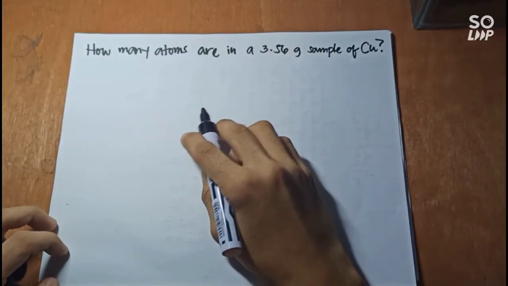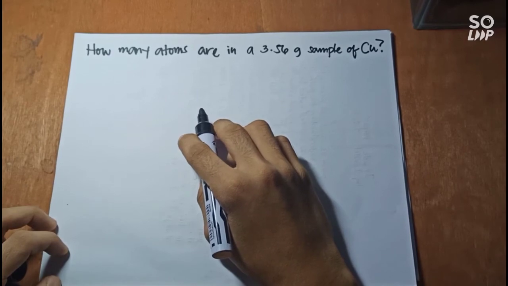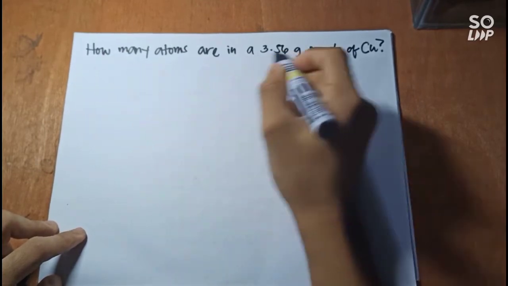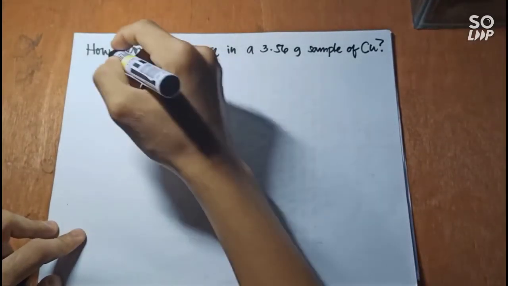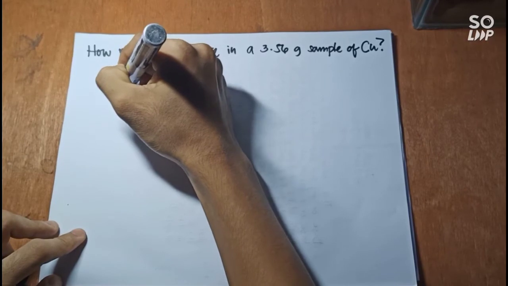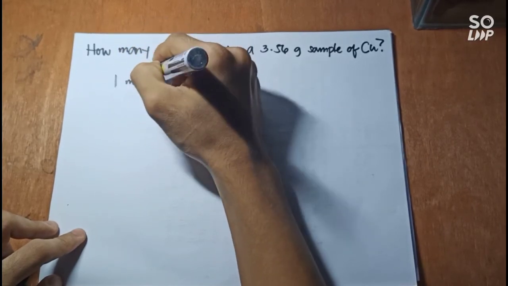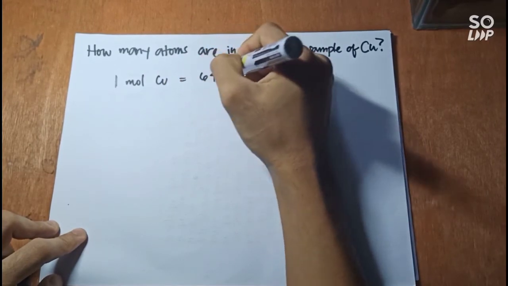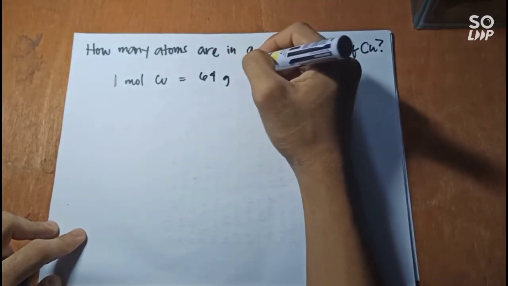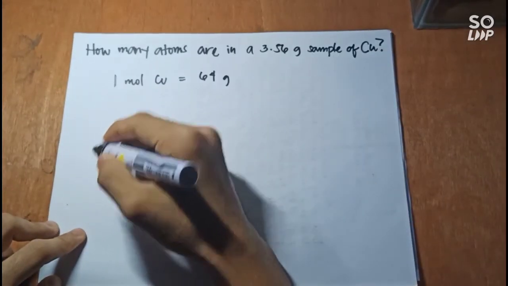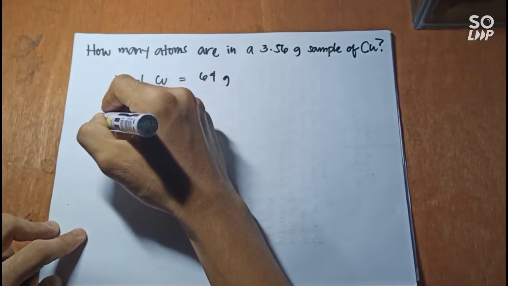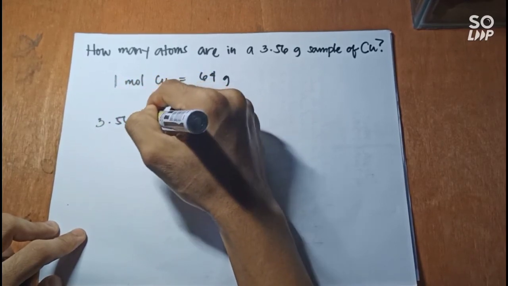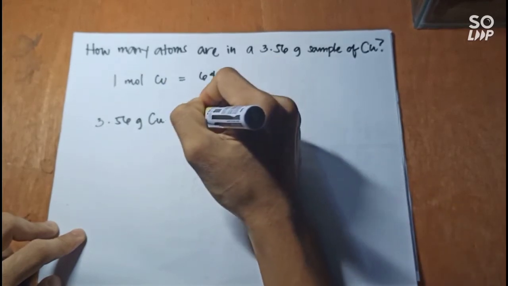Now for this last problem, feel free to pause the video and try it for yourselves. How many atoms are in a 3.56 gram sample of copper? Now, using our periodic table, we find out that 1 mole of copper has a mass of 64 grams. So we multiply 3.56 grams of copper by 1 mole of copper is to 64 grams of copper.